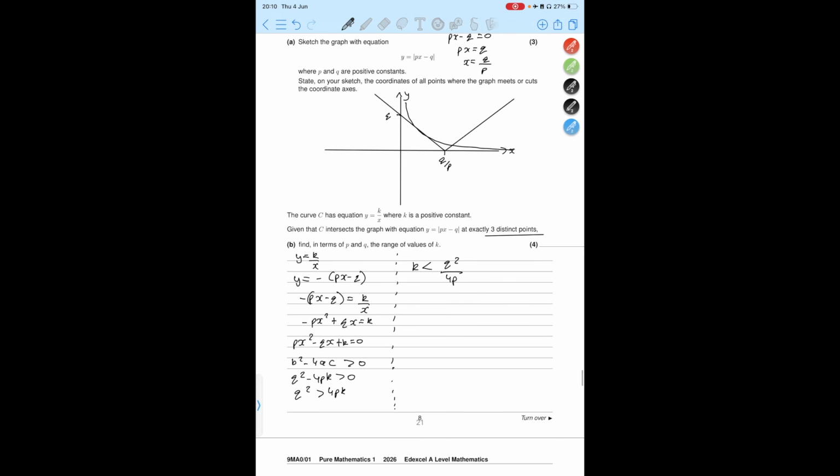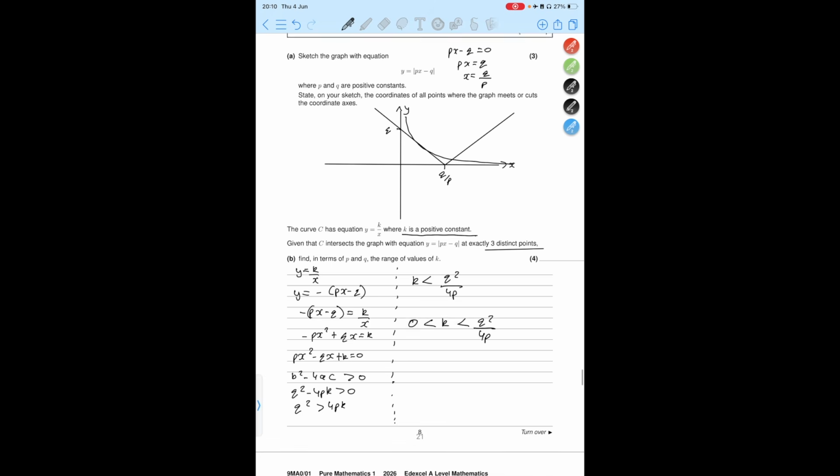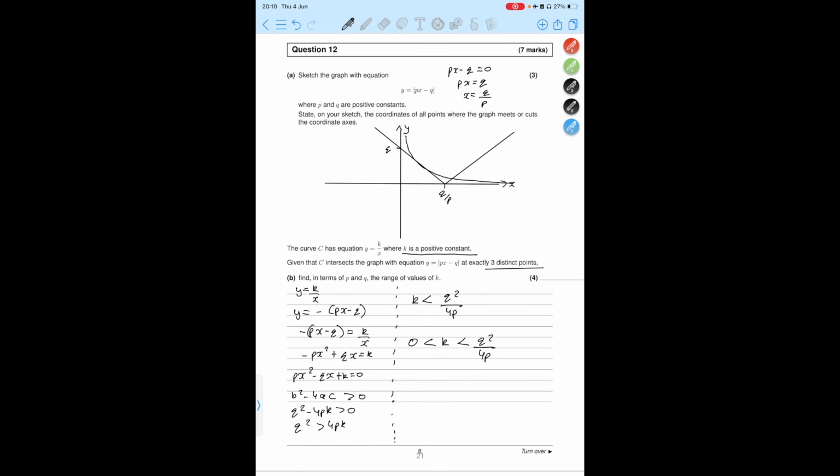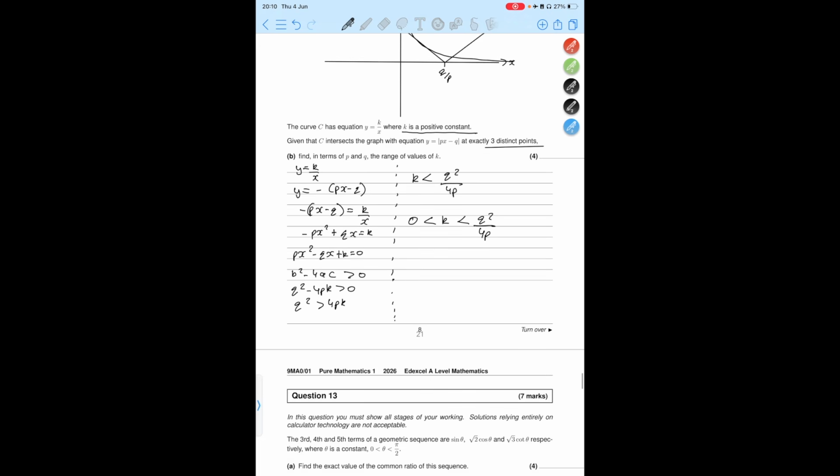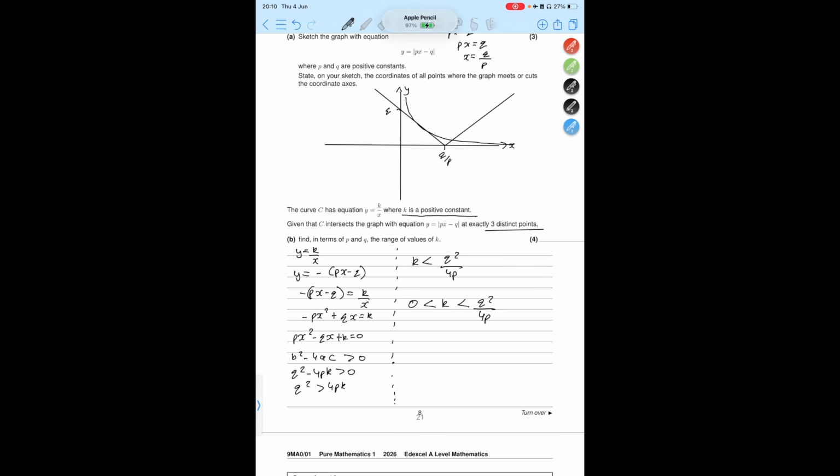Now, let's not forget, k is a positive constant. So k has to be positive and has to be less than q squared over 4p. And the reason it can't be zero is because if it was, there would only be one intersection point when y is equal to 0. So hopefully that makes sense.